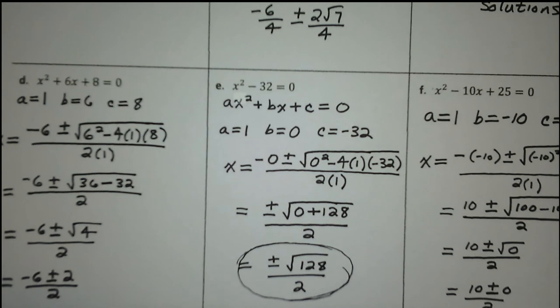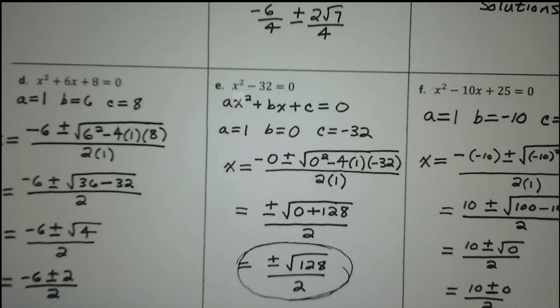It works every time. Now, most people don't use it except as a last resort. So even though it will literally work every time on any quadratic equation, whether you can factor or not, the quadratic formula will always work. But again, most people only use it as a last resort.